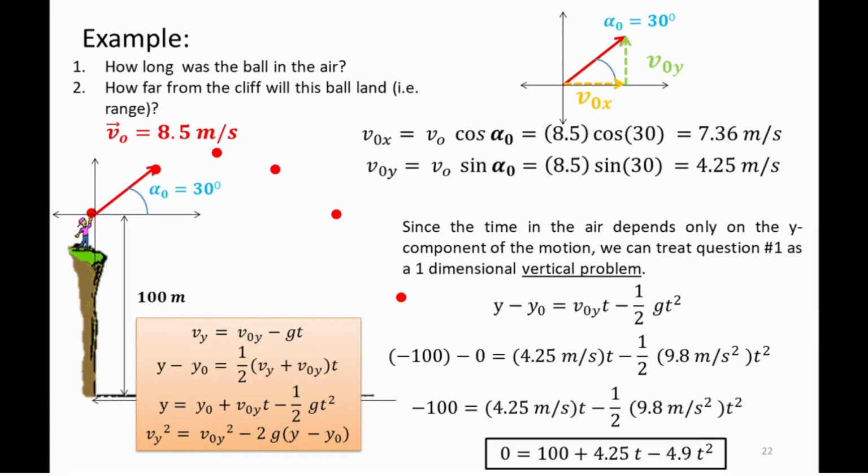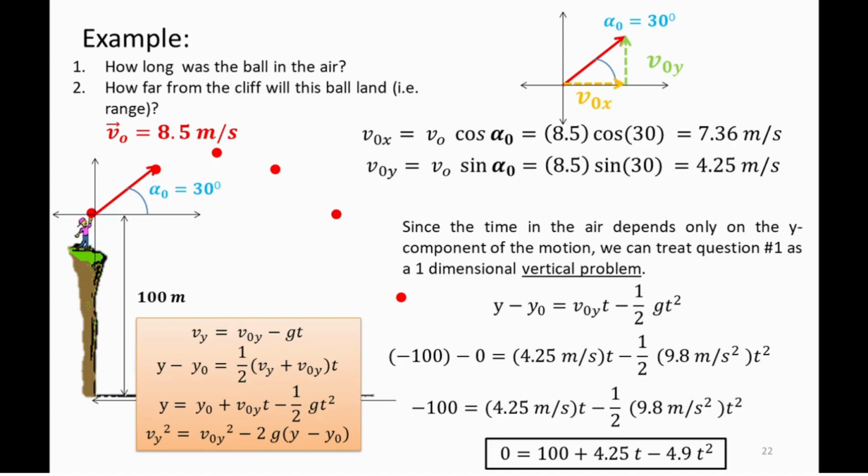Since the air time depends only on the y component of the motion, we treat question number 1 as a one-dimensional vertical problem. First, we look at the kinematics equation that will solve the problem. Equation number 1 is problematic since we do not know the final velocity of the ball. Equation number 2, in the same way, we do not know the final velocity.